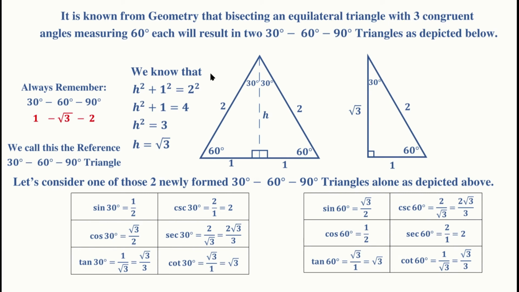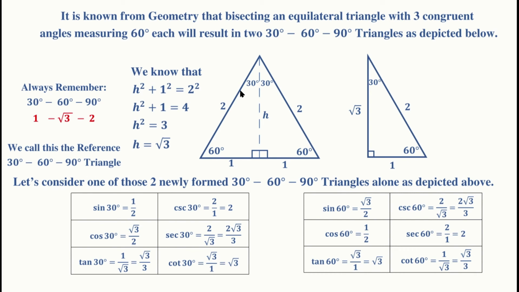Notice what happens when you bisect such an equilateral triangle: you're going to get two congruent angles here, so each will measure 30 degrees, right? And you will also bisect this side, so each of these pieces will have length 1, right?